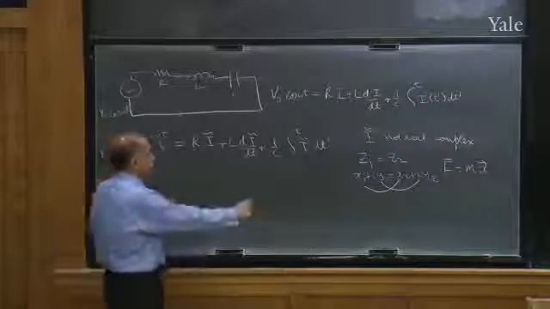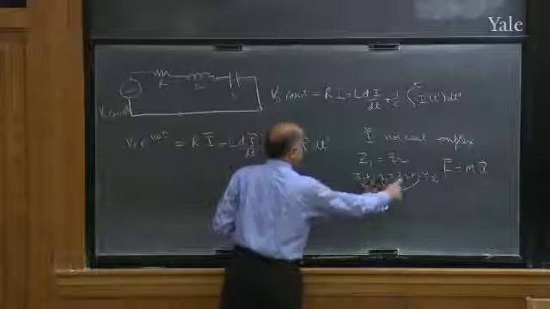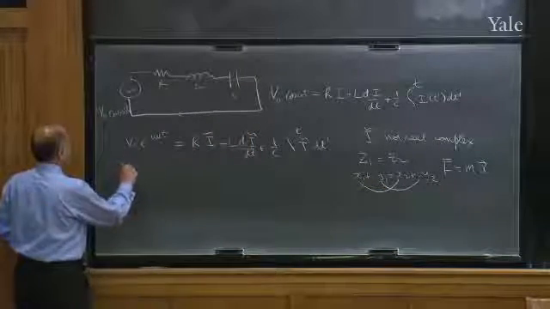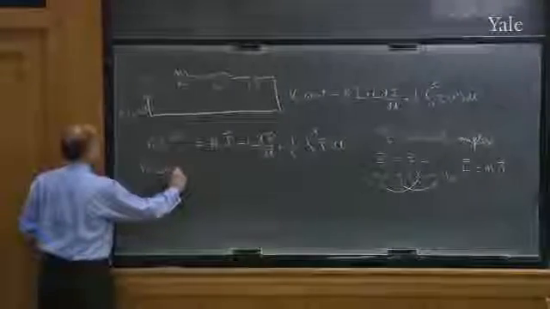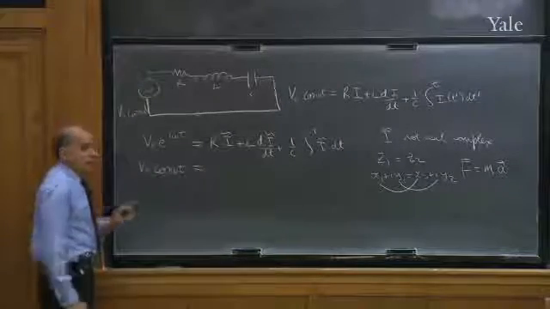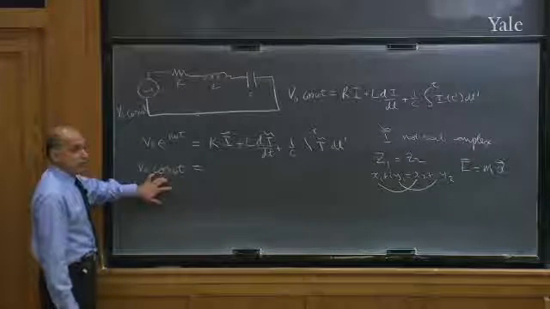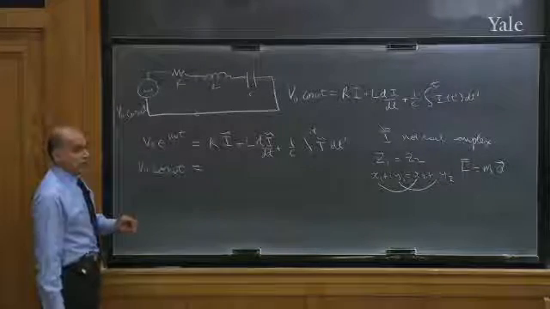So let's take the real part on the left-hand side and the real part on the right-hand side. And what do you get? The real part of this is the most important thing. The real part of this is cos omega t. That's because e to the i omega t is cos omega t plus i sine omega t. The real part is just cos omega t.